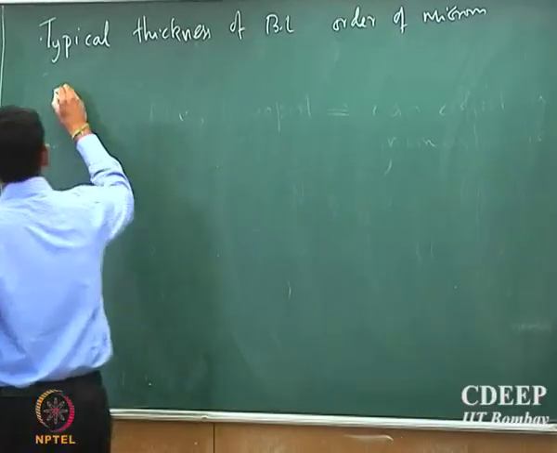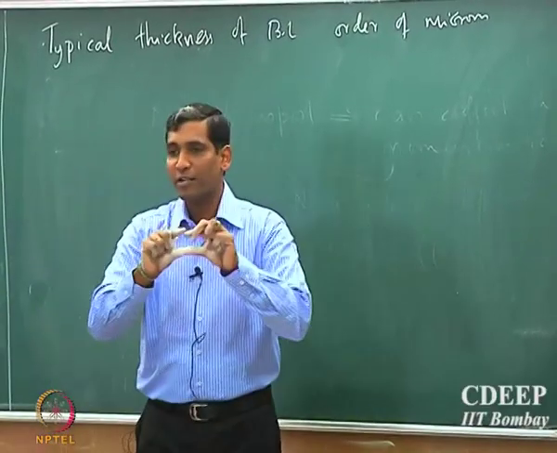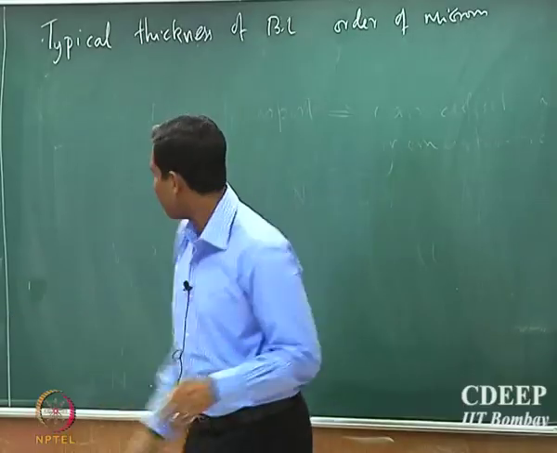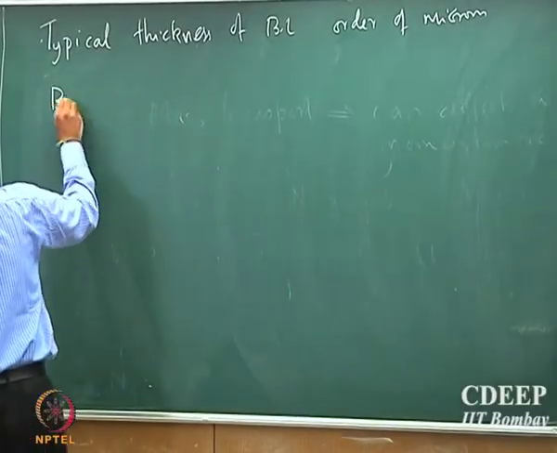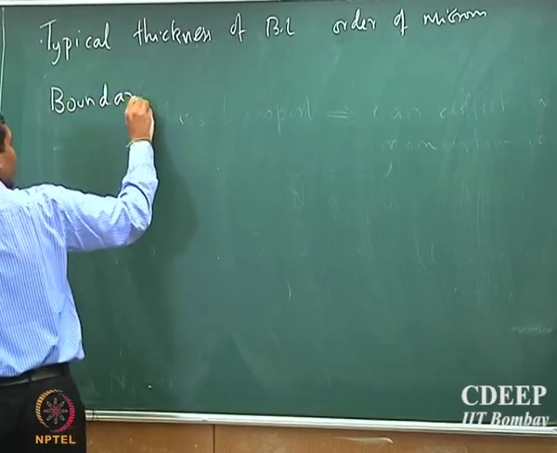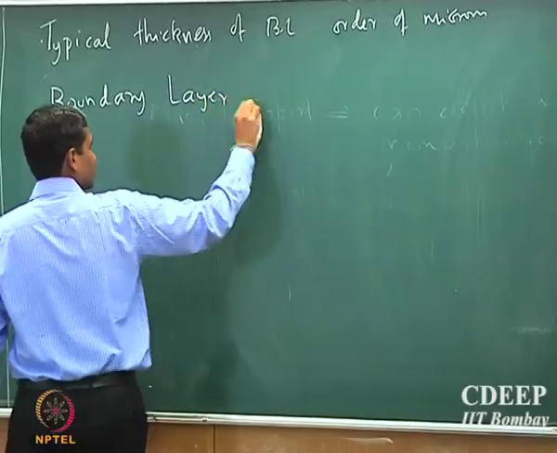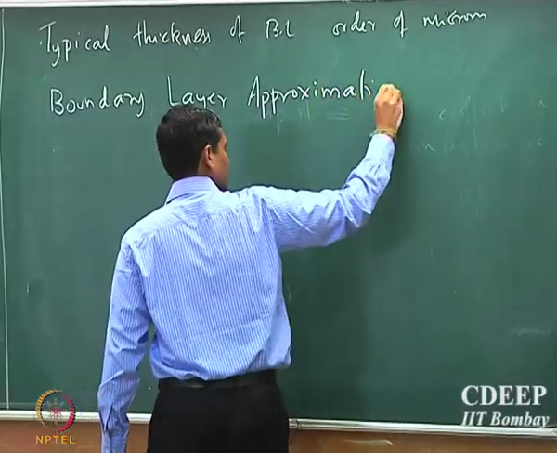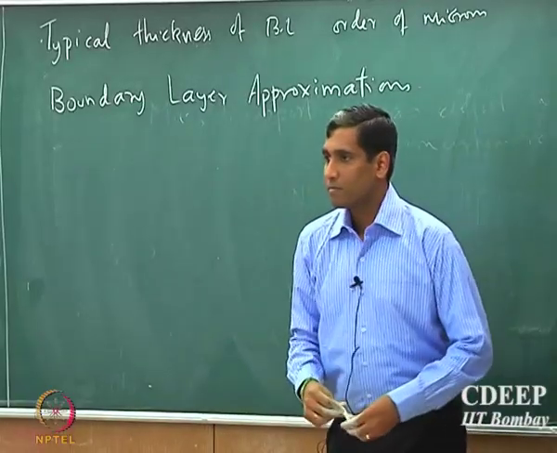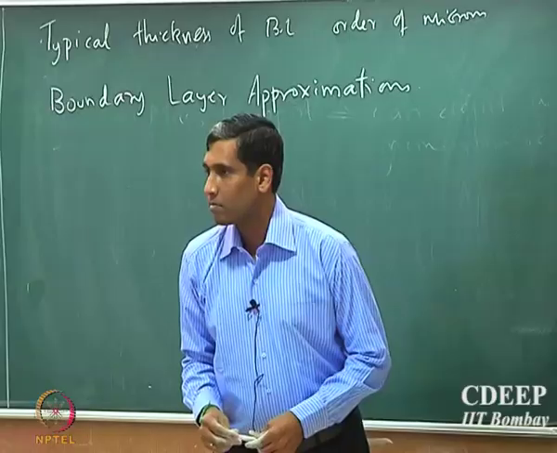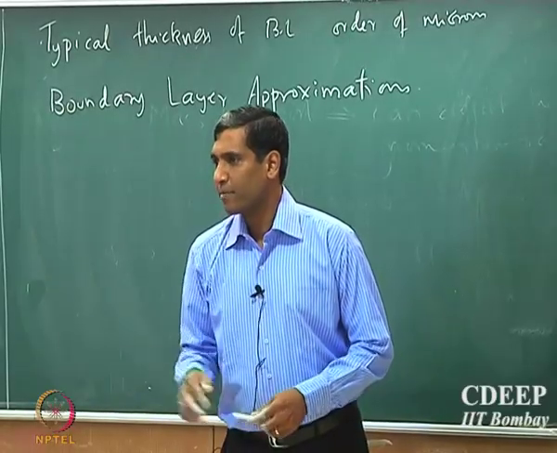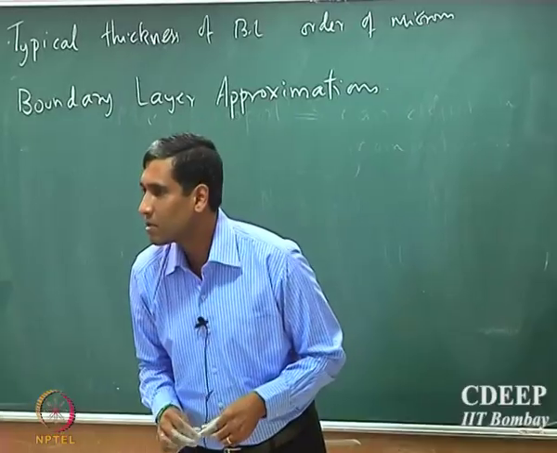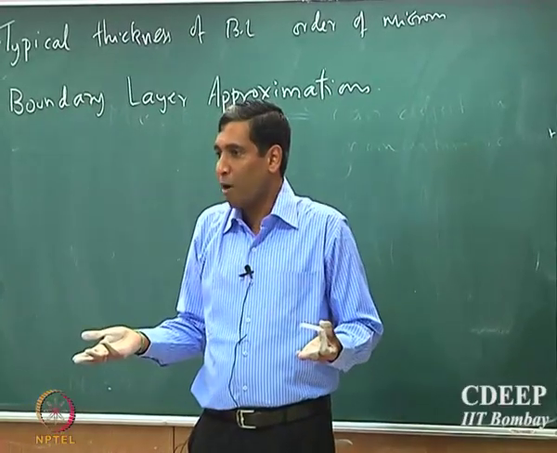So because the thickness of the boundary layer is much smaller than the length of the plate or the system that you are looking at, we can introduce something called the boundary layer approximation. Okay. So yeah, that's the typical order of magnitude, right. It's very small. But still the order of magnitude is very small, right.